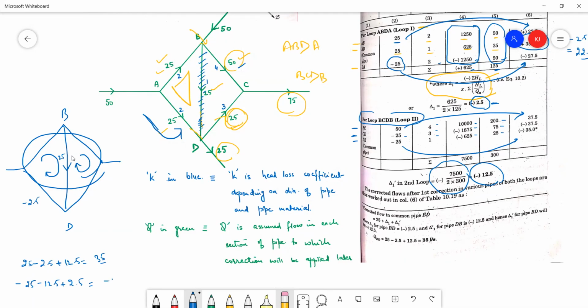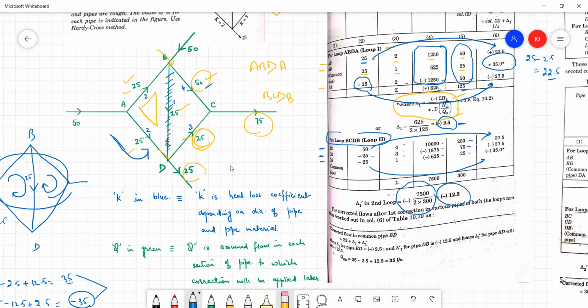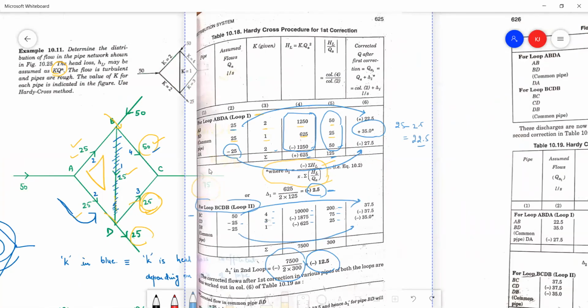We get minus 35. So whatever you assume, the answer is numerically going to be the same. And the signs are different because of the clockwise and anti-clockwise position of the particular flow in both the loops. Okay. Now we are done with the first iteration for both the loops. If the loop had been a bit more complex, we would have taken all the other sections again.